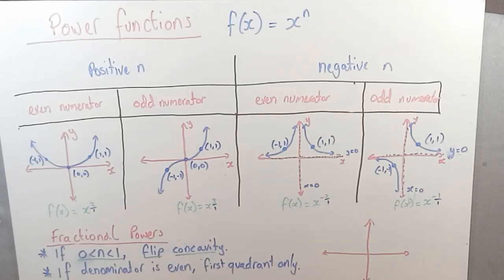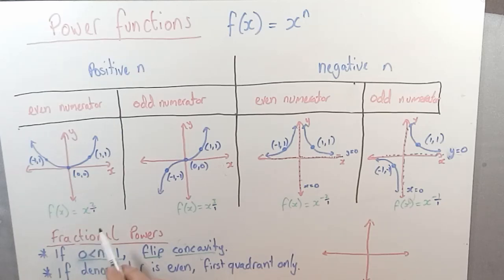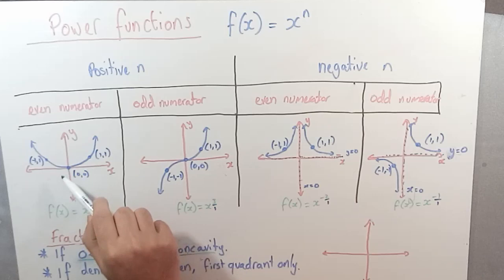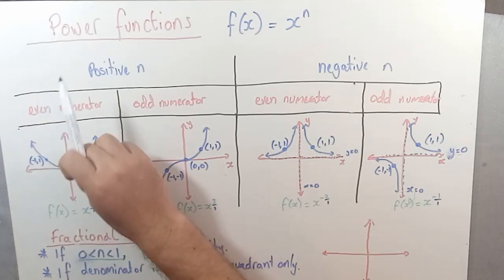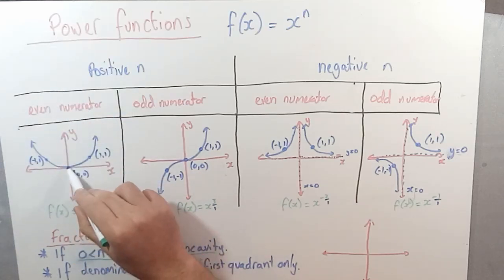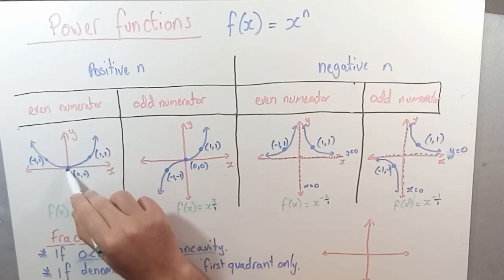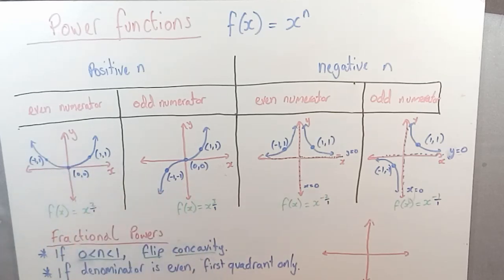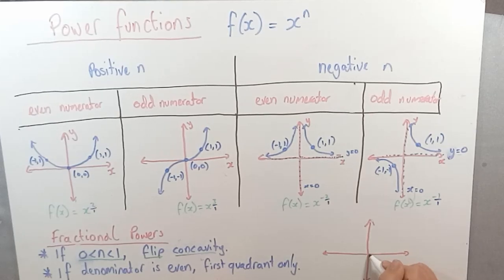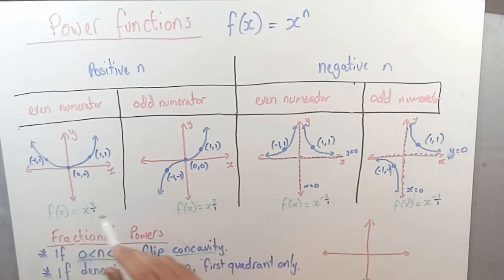So if you have, for example, like 0.5, or if you think of that as 1/2, then you need to flip the concavity. Okay, so that means instead of being concave up, you change it to concave down. So it's going to go like that. We'll do an example in a minute.